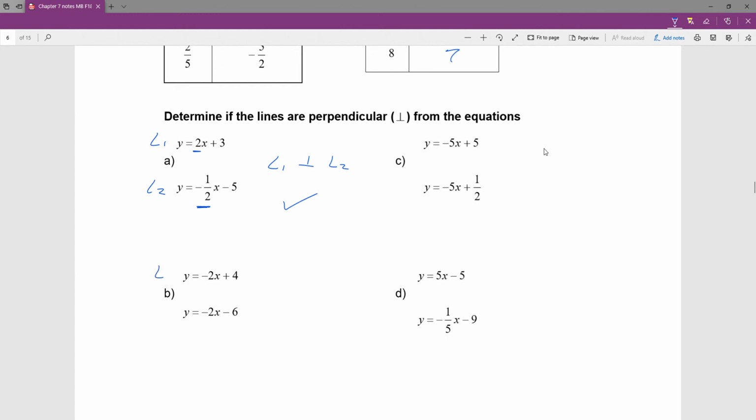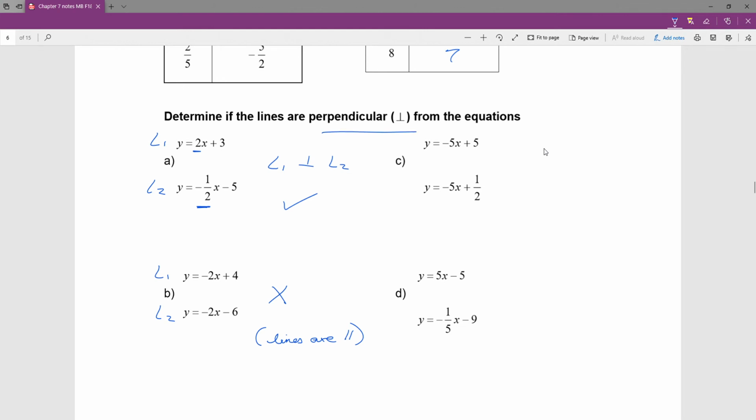For B, I've got line 1 and line 2. And when I look at them in slope-intercept form, I can see they actually have the exact same slope. So they're not perpendicular. These two are actually parallel. So we could add that in: lines are parallel. But that's not answering the question. I just wanted to know if they were perpendicular. Okay, next one.